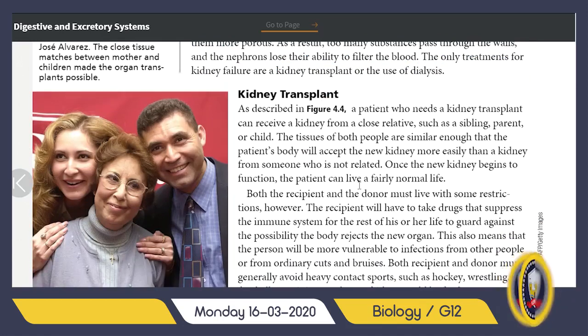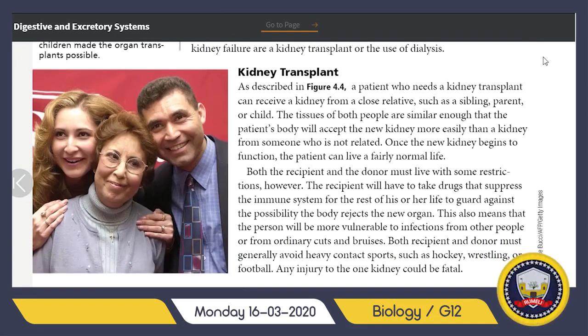Now, kidney transplant. Kidney transplant, guys, is a surgical procedure in which the sick person must have a new kidney. Now, the new kidney, preferably, the donor, it's preferred to be from your own relative, such as sibling, parent, or child, okay?